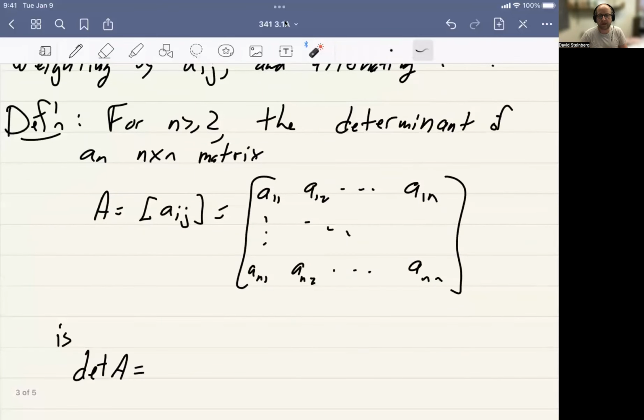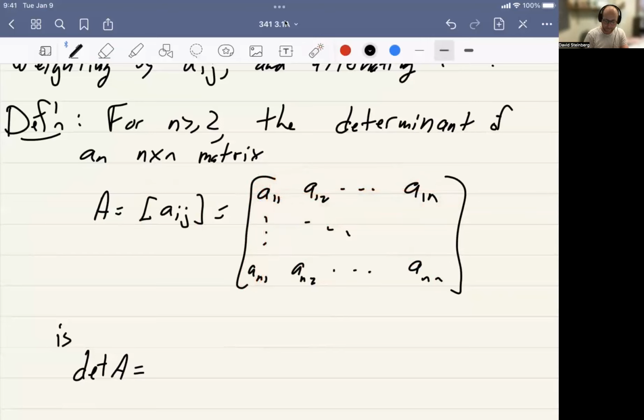For n bigger than or equal to 2, the determinant of an n by n matrix A, which we can write as aij, or here we have written down a11, a12, all the way up through a1n. So the next row would be a21, a22, a2n, and so forth, all the way down to an1, an2, ann. The determinant is just going to be, we'll pick weights from across this first row, and we'll hit that with the determinant of the n minus 1 by n minus 1 matrix we get by deleting that row and column.